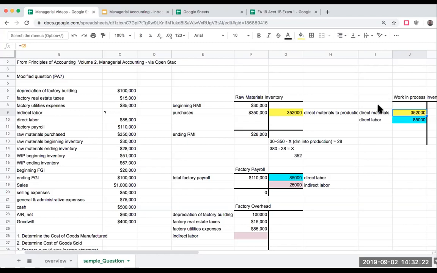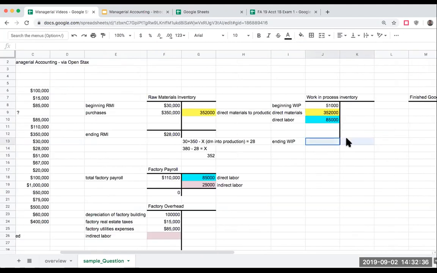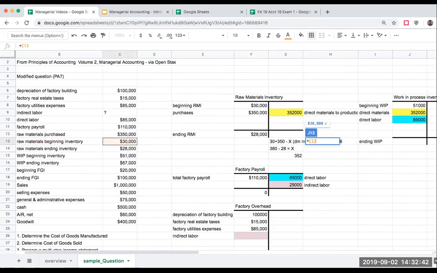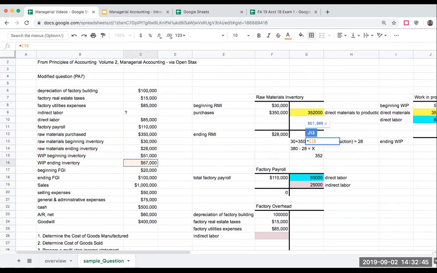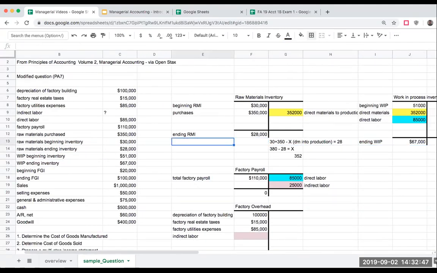I have a beginning work in process inventory. Beginning work in process inventory was 51,000. And my ending work in process inventory was over here at 67,000.